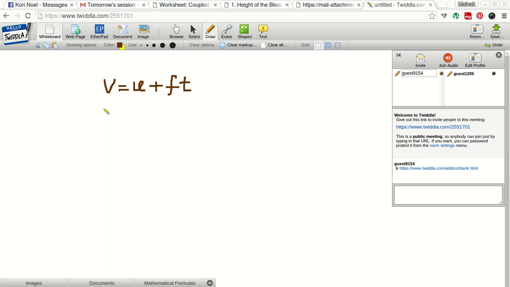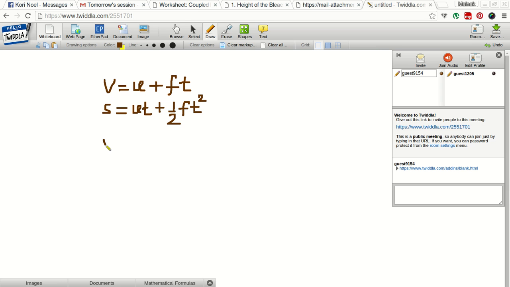Next would be s equals ut plus half f t squared.